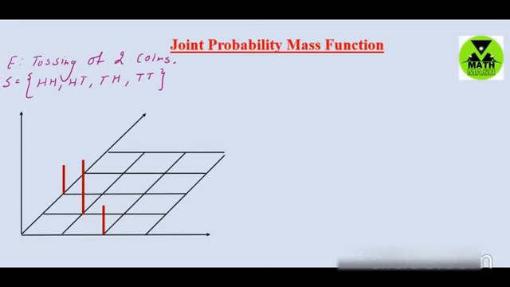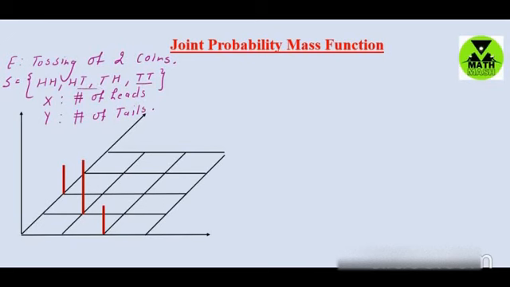Now let us denote the two random variables: X denotes the number of heads for this experiment of tossing two coins, and Y the number of tails. If we look at the possible values, the number of heads could be 0 if the outcome TT turns out.